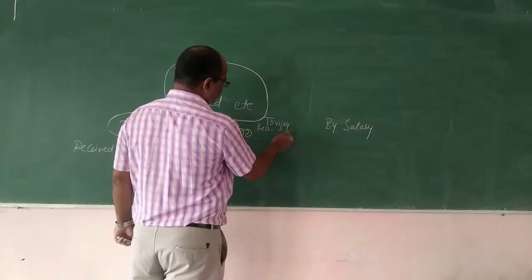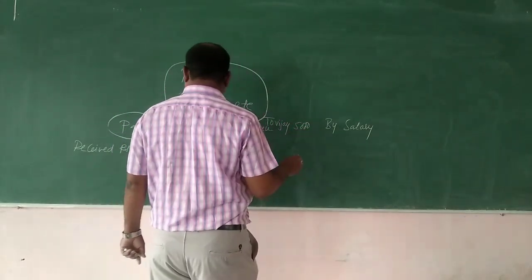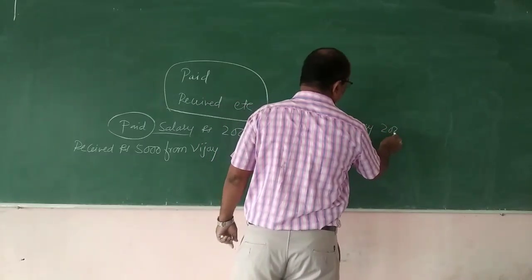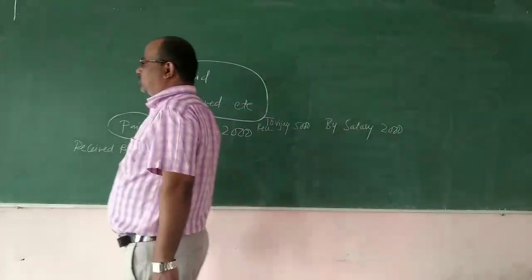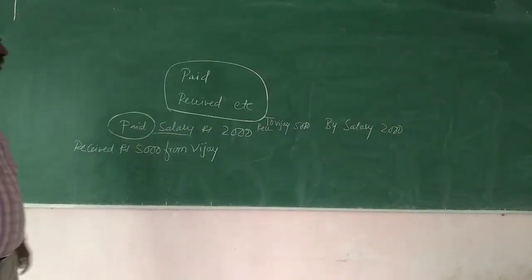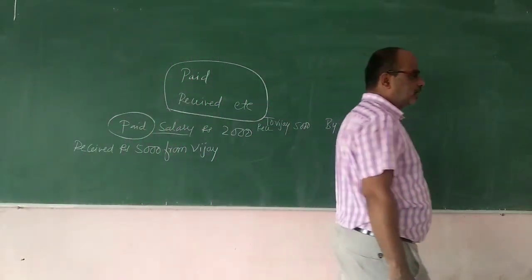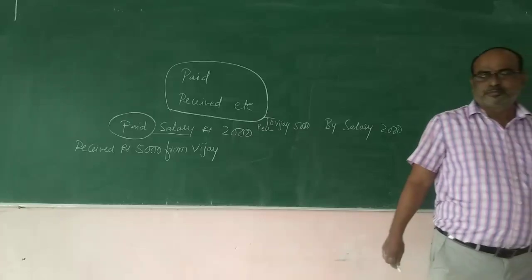To Vijay, 5000. By salary on the payment side. So it's a clear difference. So don't use the terms received, paid, etc. Use the term for which the transaction has been made.